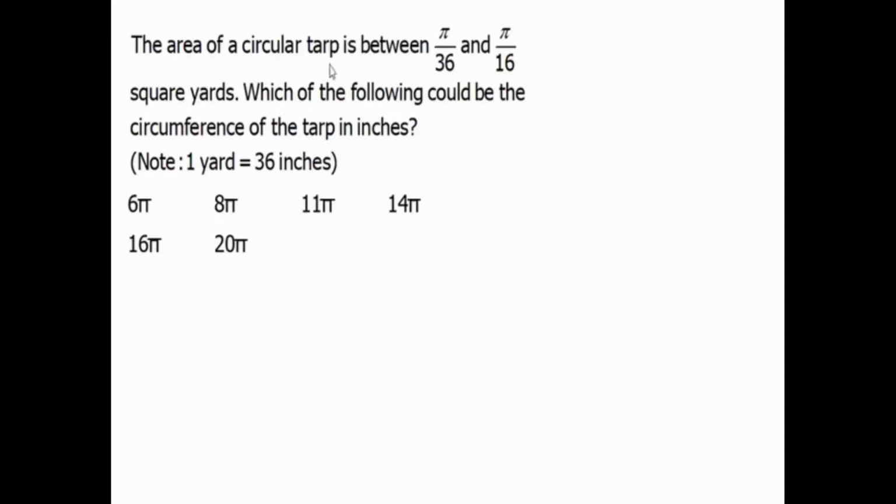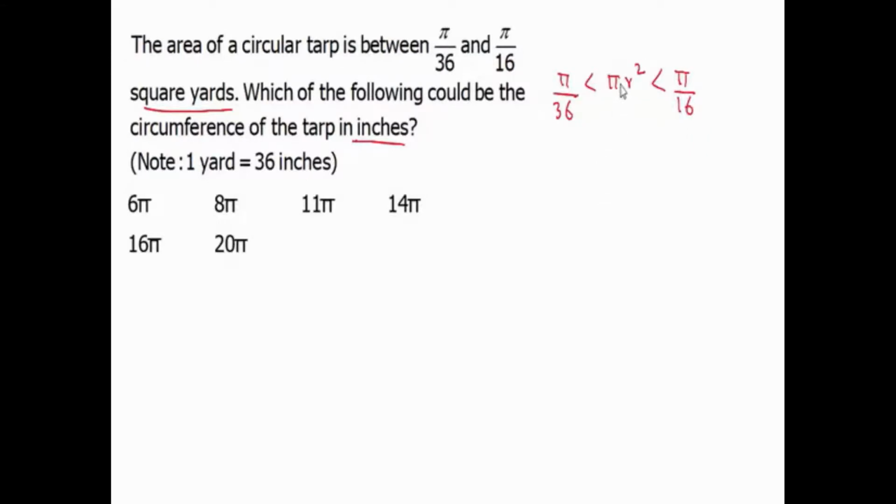The area of a circular tarp is between pi over 36 and pi over 16 square yards. Which of the following could be the circumference of the tarp in inches? Right then, so we know that the area of a circle is given as pi r square, and it's given that this is greater than pi over 36 but smaller than pi over 16.